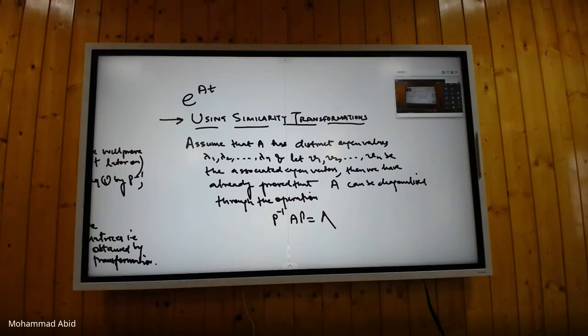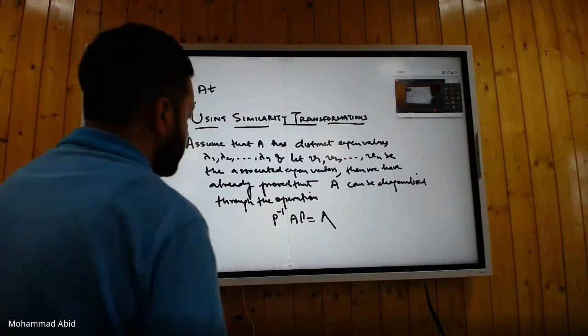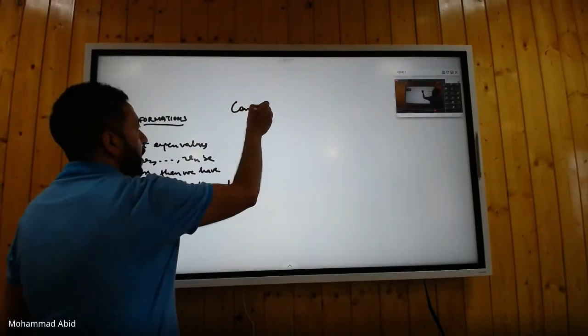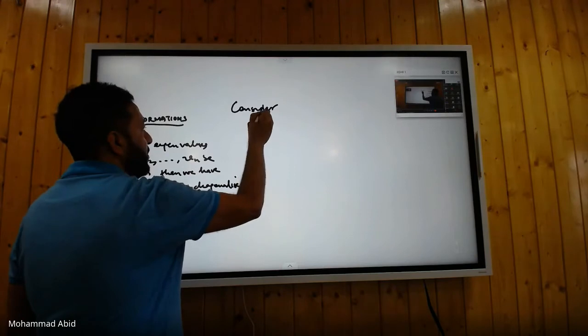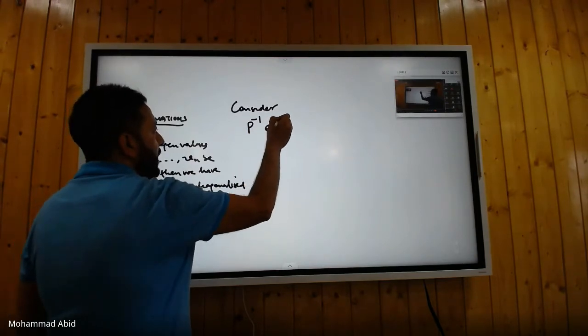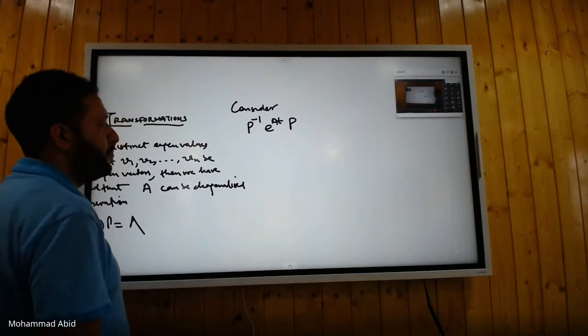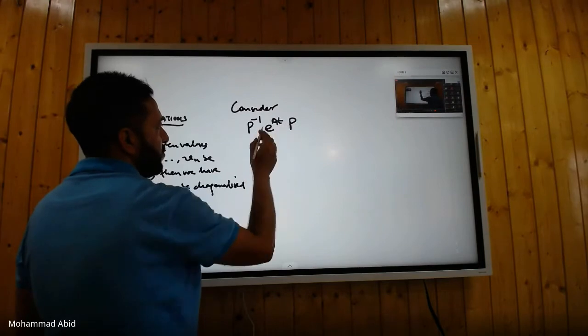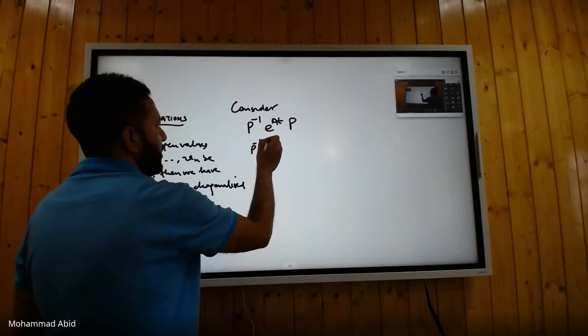तो इसको हम कैसे यूज करेंगे स्टेट ट्रांजिशन मैट्रिक्स को इवैल्यूएट करने के लिए, let's see. So consider P inverse of e to the power AT P. E to the power AT is the state transition matrix. I am considering this expression. So this is P inverse of, what is e to the power AT equal to?